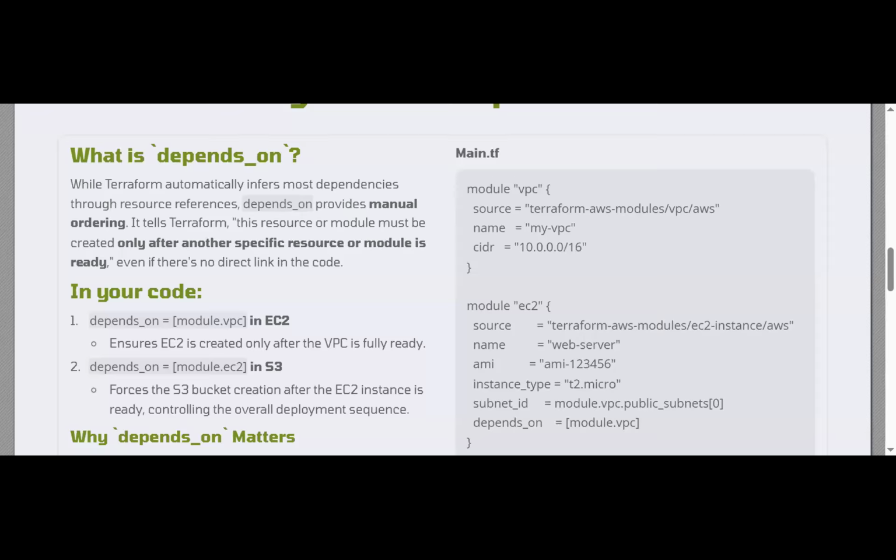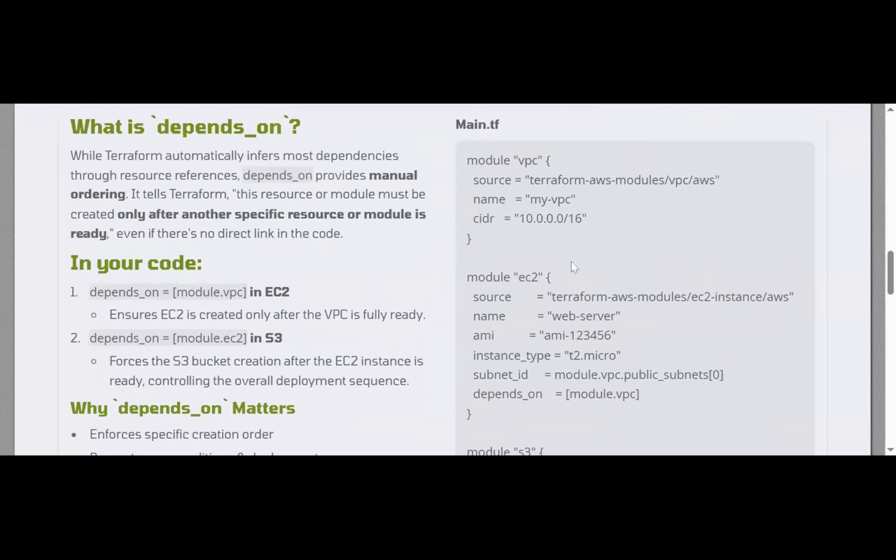Here again it forces the S3 bucket creation after the EC2 instance is ready, controlling the overall deployment sequence. That is, who is first, who is second, who is third, like that. And yesterday in the CIDR block in main.tf we wrote the same code.